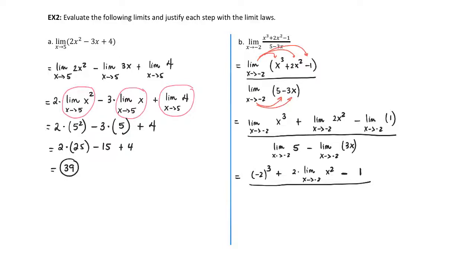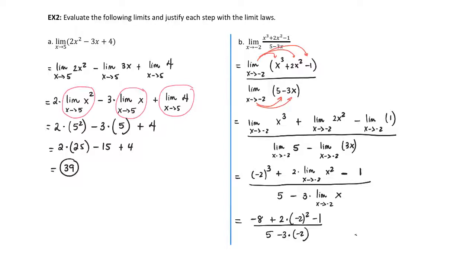So divided by the limit of another constant function. So then this is going to be 5 minus the coefficient comes in front of the limit as x approaches negative 2 of x. Now negative 2 to the third is going to be equal to negative 8 plus 2 times negative 2 squared minus 1, divided by 5 minus 3 times negative 2.